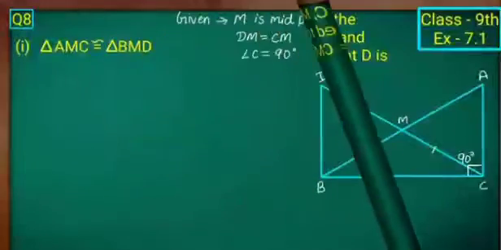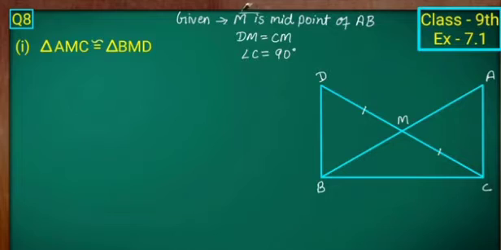The first one, triangle AMC congruent to triangle BMD. Now see the given part. We are going to use this given part to prove this. Now you just concentrate on triangle AMC and triangle BMD. In these triangles, you have to prove congruence.